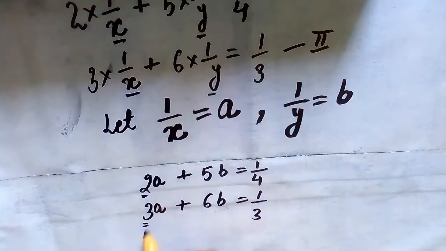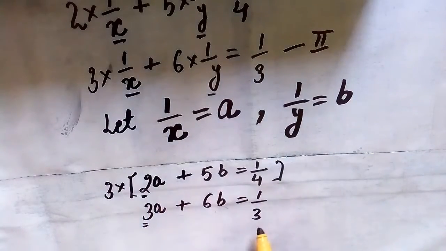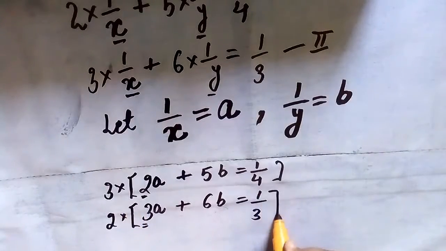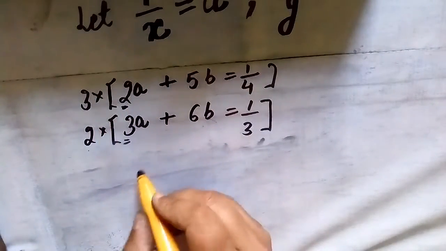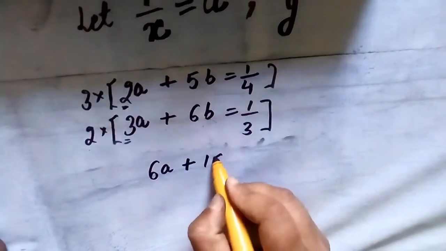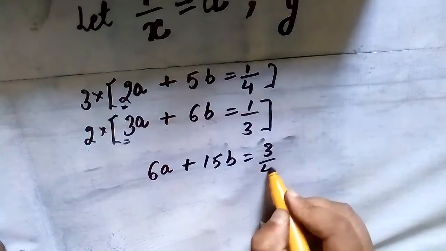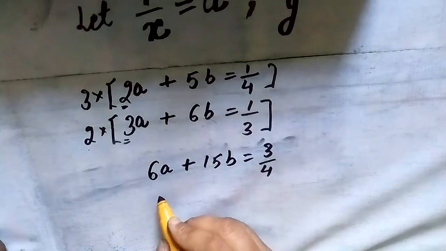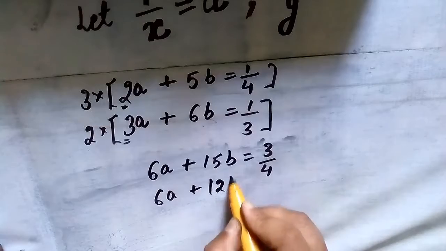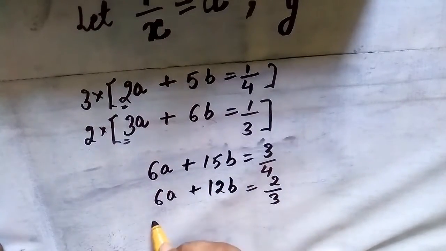Use the elimination method. The coefficient of a is 3 in equation 2, so multiply equation 1 by 3, and the coefficient of a is 2 in equation 1, so multiply equation 2 by 2. So 3 multiplied by 2a will be 6a, 3 fives are 15b, and 3 times 1 upon 4 is 3 upon 4; this is your first equation. And 2 threes are 6a plus 2 sixes are 12b equals 2 ones are 2 upon 3.